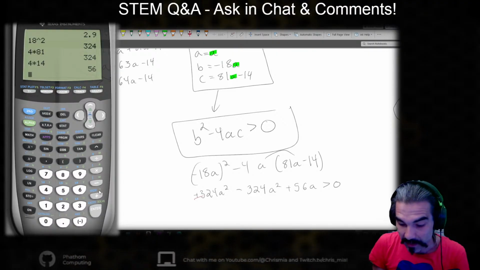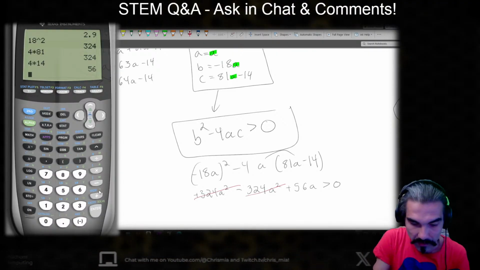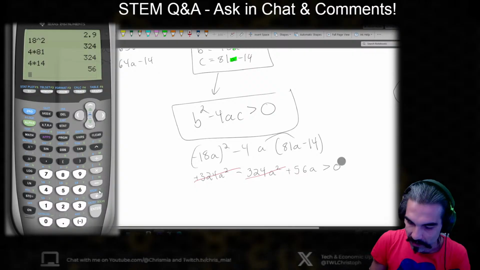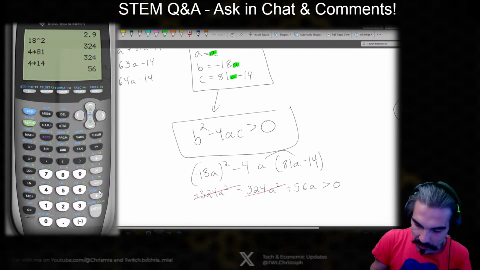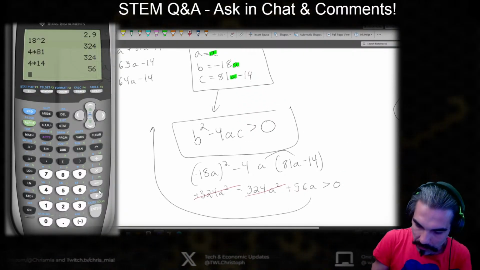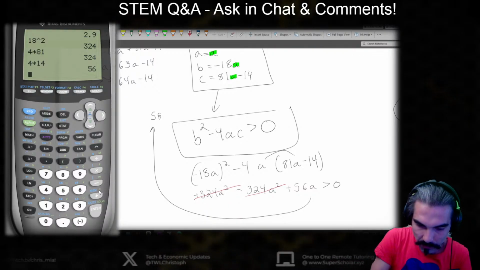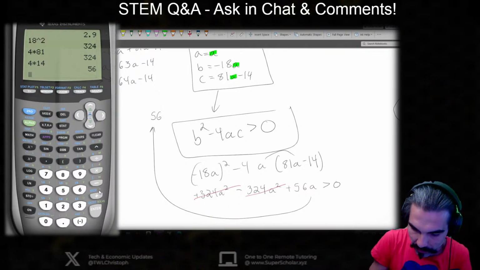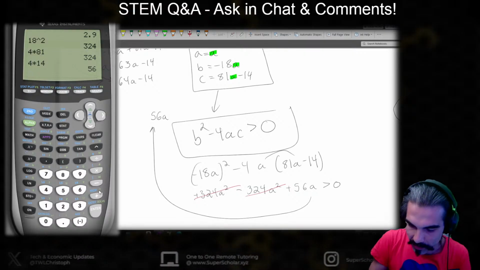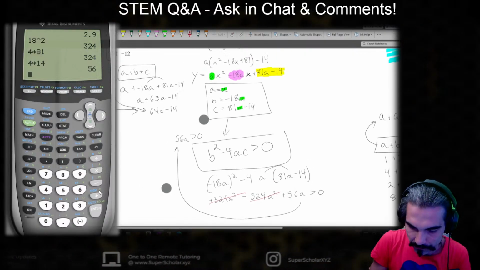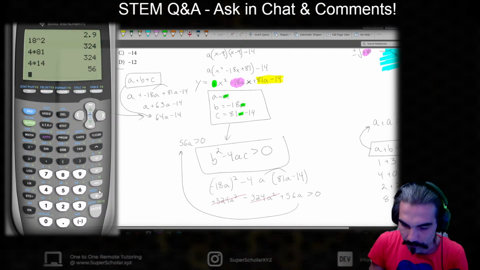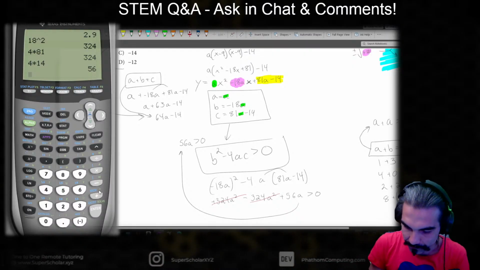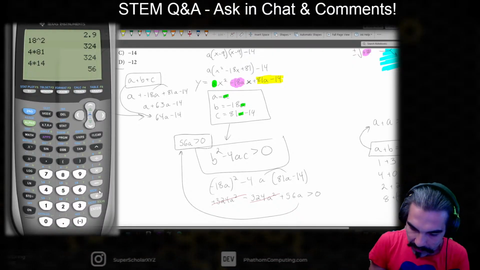So conveniently enough, the big ugly numbers cancel out, and we can now check with a much simpler 56a. Whatever we get for a has to be greater than 0. So we test. We have a rule that we have to abide by.